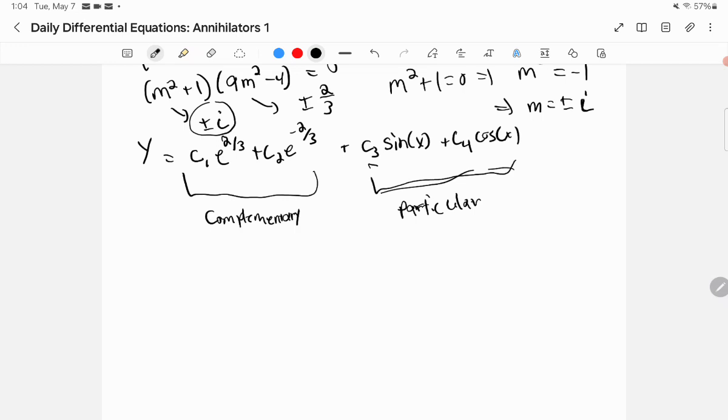So to find c3 and c4, we're going to recognize that this is the particular solution. So yp is going to be c3 sine of x plus c4 cosine of x.